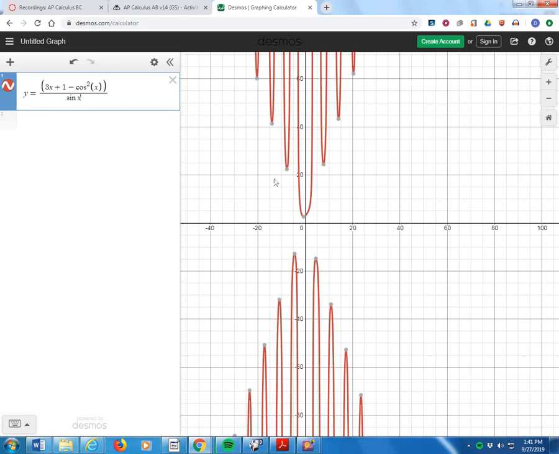Ooh. As x goes to 0, from the right and the left, it definitely looks like it's approaching a number right in here. I don't know, it either doesn't exist there or it actually approaches a number. Let's see. As I get to 0, look at that. As I graph it, it does say it's undefined at 0.